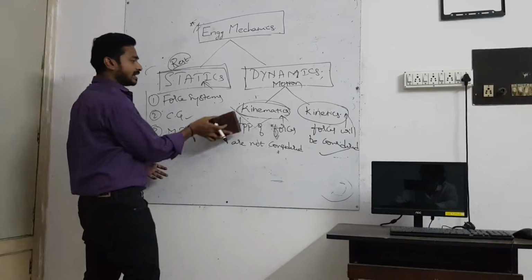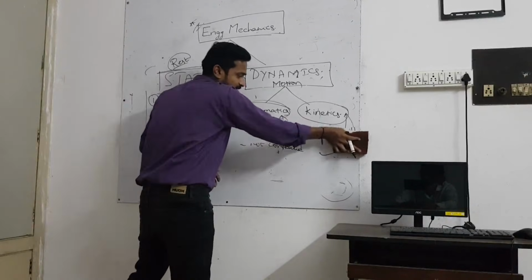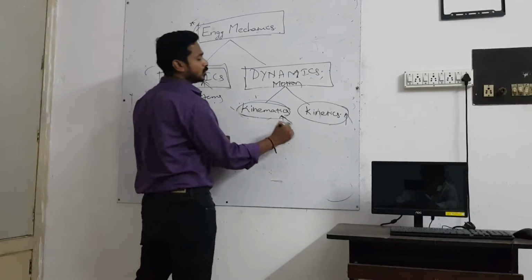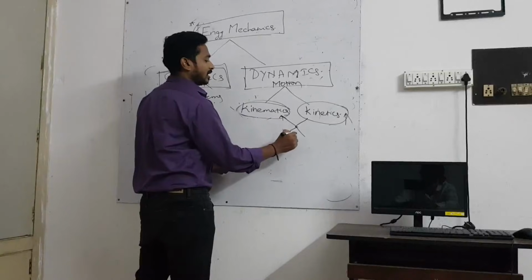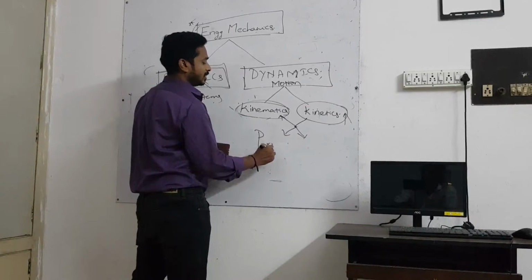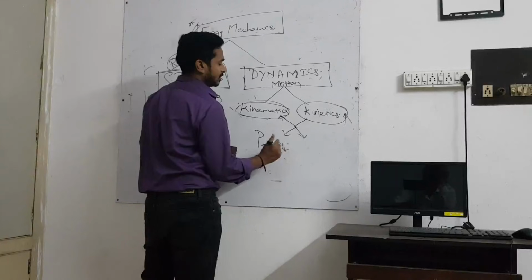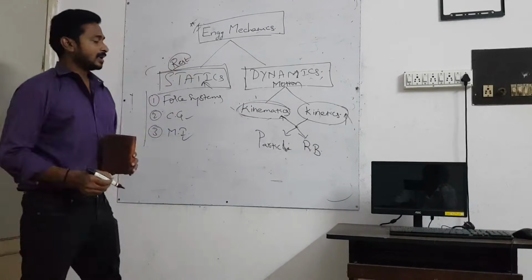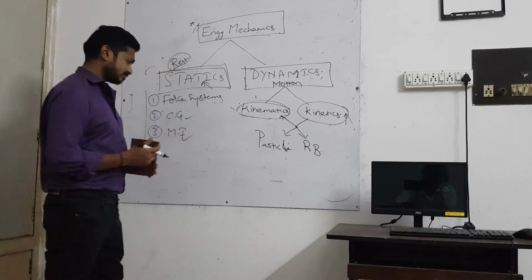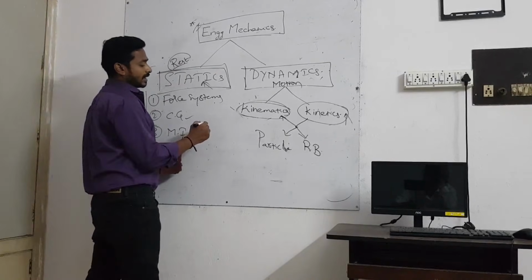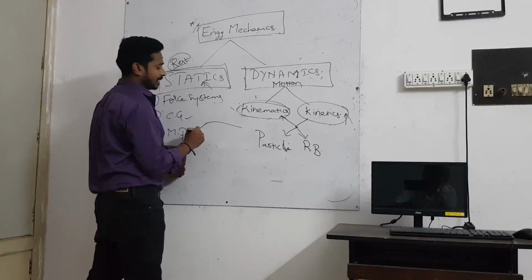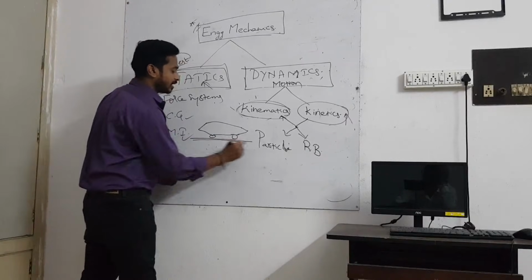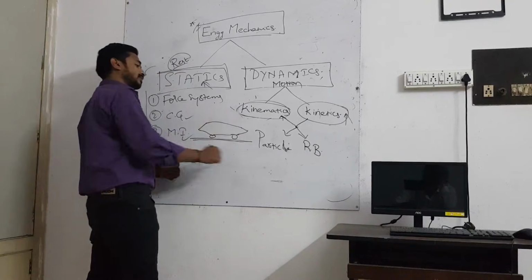Now, kinetics and kinematics will be categorized into two different types, like earlier, I can say a particle and a rigid body. For example, looking at the aeroplane at the runway, it looks like a huge body.